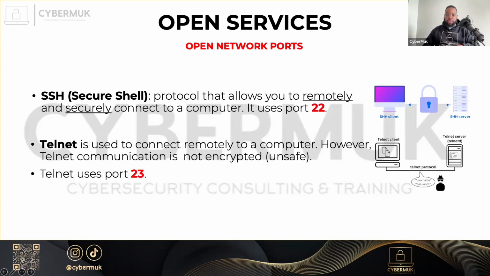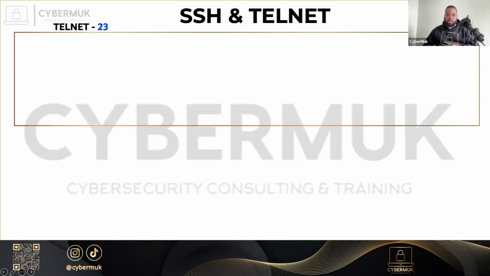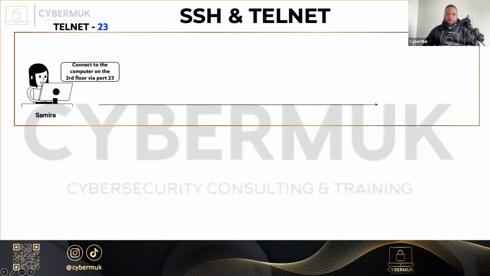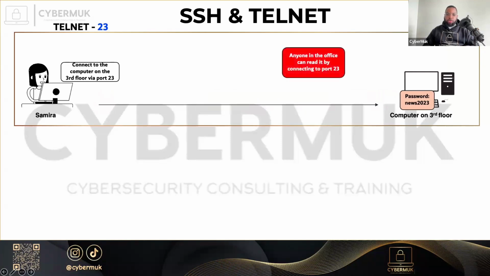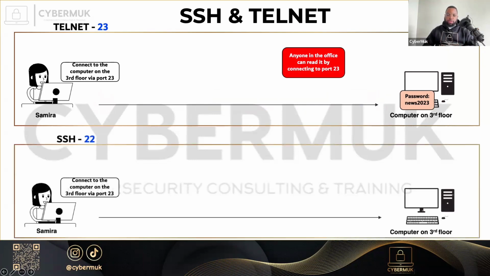Communication is unsafe. So with this illustration here, maybe it will make more sense. So here you have Samira who is trying to connect to the computer on the third floor via port 23. And when she's connecting to the computer on the third floor, anyone in the office can read the username and the password just by connecting to port 23 and looking at the information.